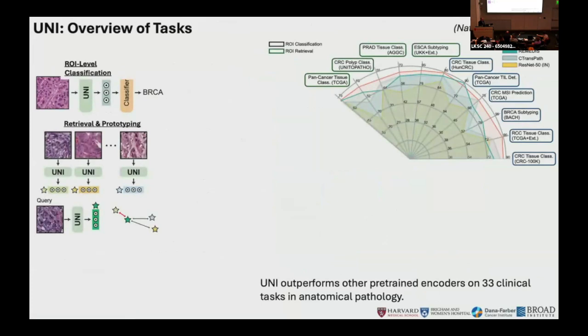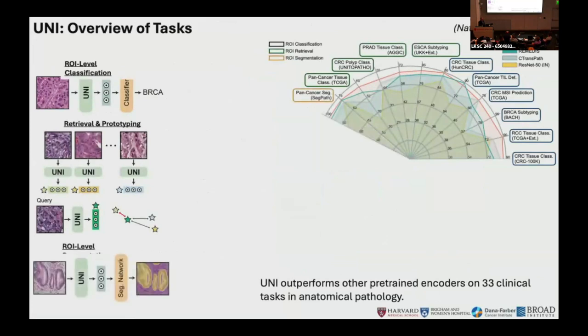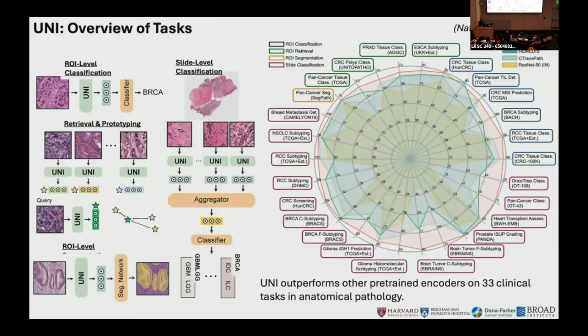We basically tested this on region-level classification, region-level retrieval and search, region-level segmentation, and whole slide-level classification for a number of different tasks. And the radar plot is a really bad way to present this, but it does capture all these tasks in a single representation.